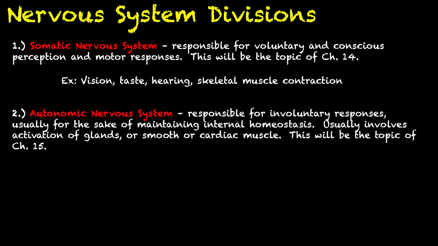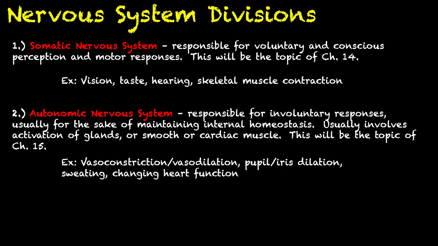You also have the autonomic nervous system, which is going to be responsible for involuntary responses, usually for the sake of maintaining internal conditions and keeping homeostasis. This is usually going to involve activation of glands, smooth, or cardiac muscle. That'll be what we cover in chapter 15.